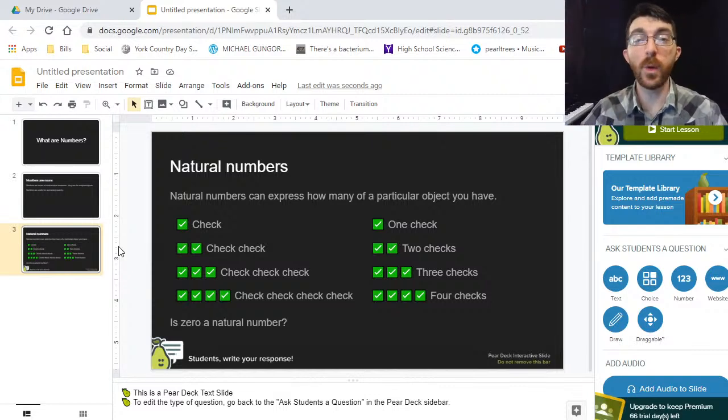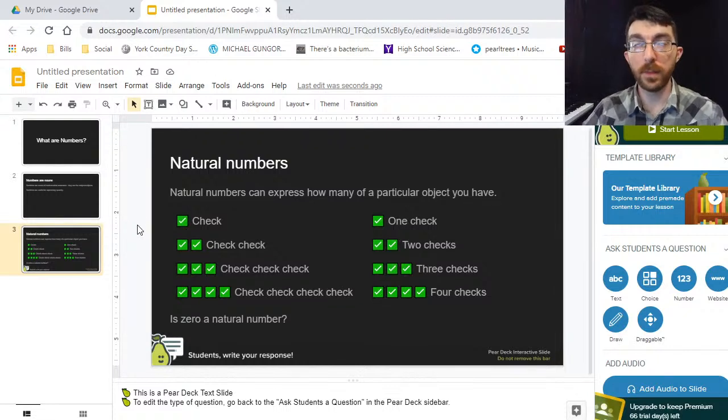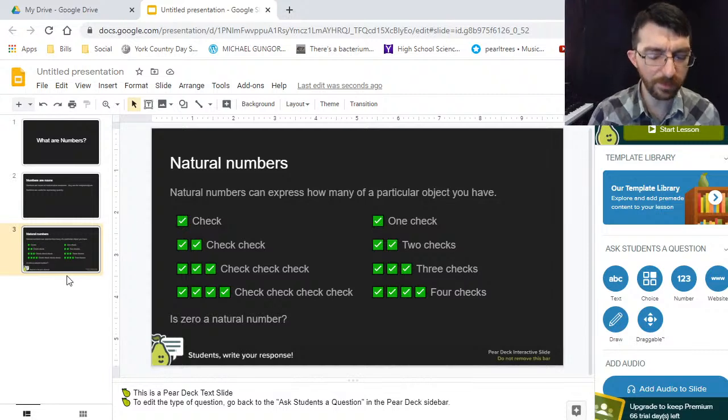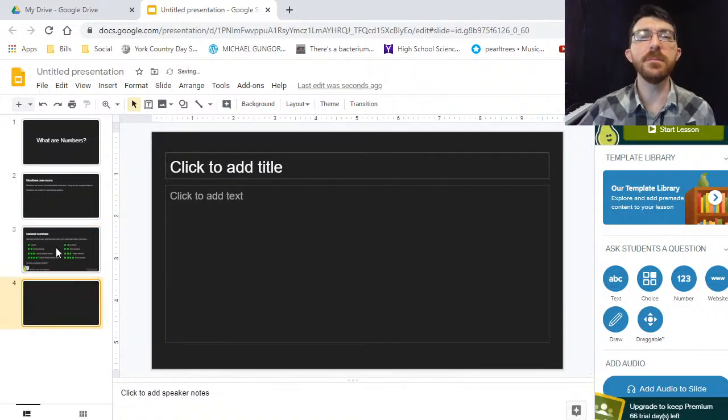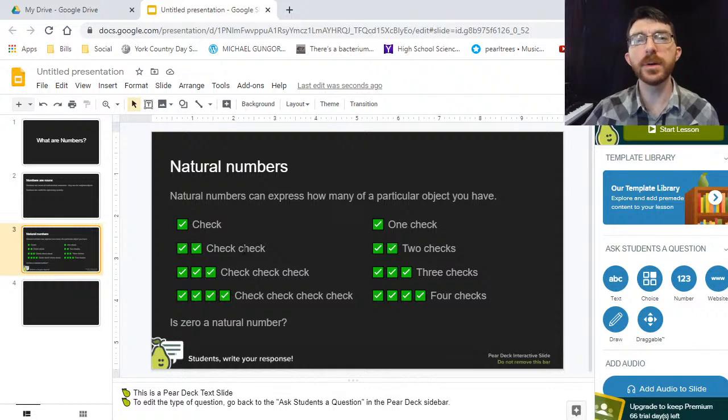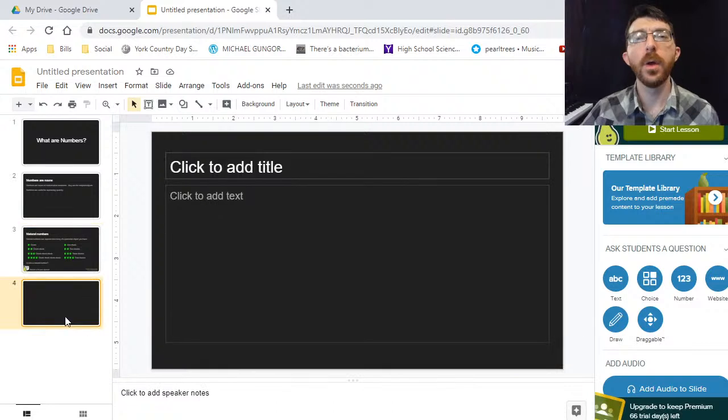Like, we call something wet because water is on it. Water was not supposed to be the subject. So, you can bend the definition to include it, but maybe you're just, I don't know, doing something weird. All right, so natural numbers can express how many of a particular object you have.